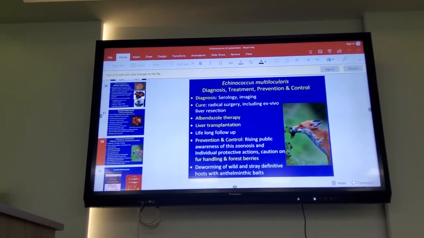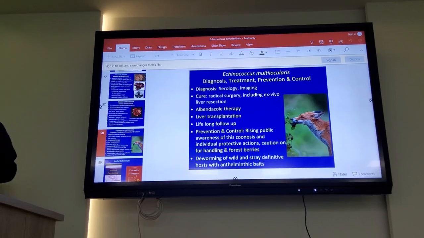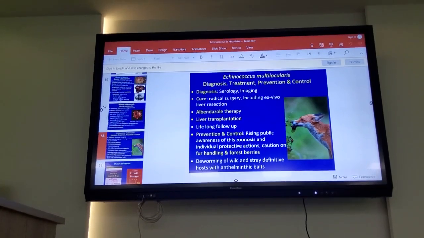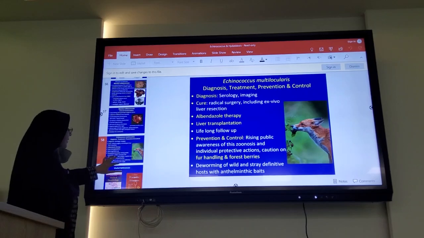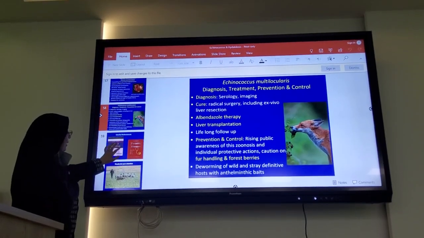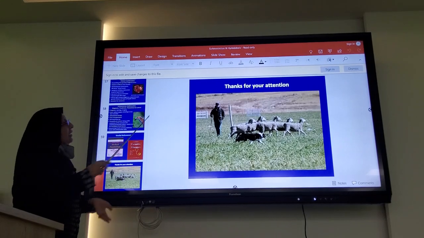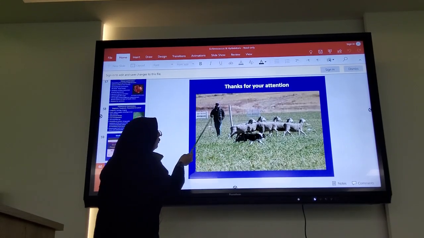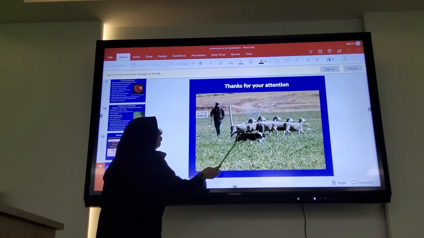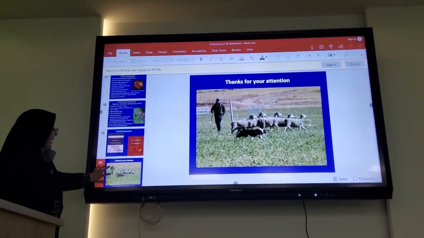It was useful, but after leaving this practice, the life cycle was established again. So it needs long-term use of this method. Okay, I just want to show you the life cycle. Definitive host, intermediate host, and humans can be infected through close contact with dogs infected with the eggs.